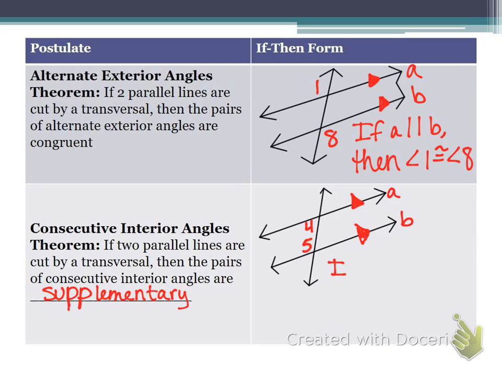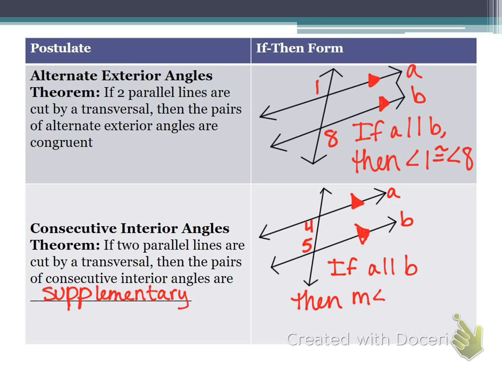So again, if A is parallel to B, then, and you could word this a couple different ways, you could just say angles 4 and 5 are supplementary, but what does it mean to be supplementary? They add up to 180.